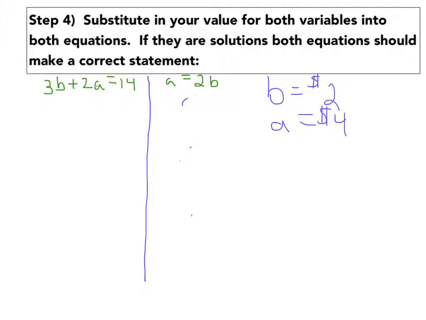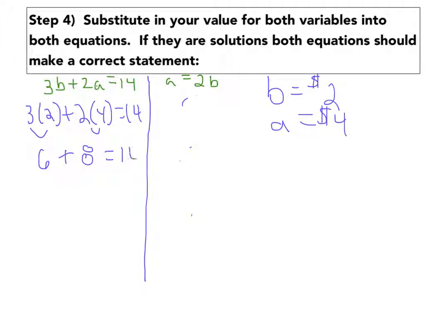I'm going to plug in my values, so I have 3 times 2 plus 2 times 4 equals 14. Well, 3 times 2 is 6, plus 2 times 4 is 8. And is it true that 6 plus 8 equals 14? Yes, it is. So, yes, these are solutions.